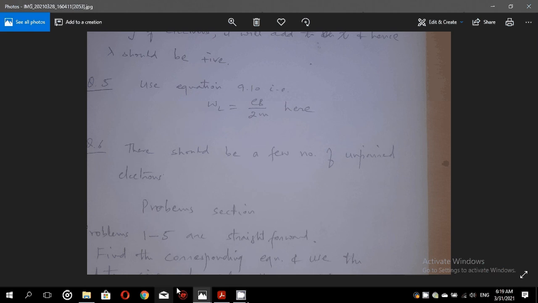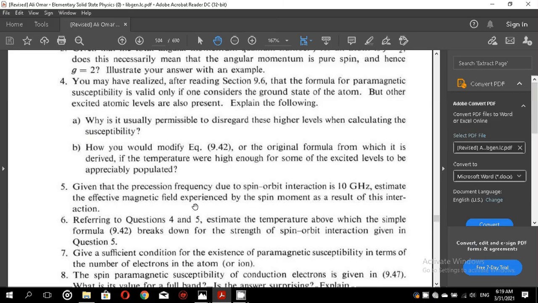Similarly, question number 6, referring to question 4 and 5, estimate the temperature above which the simple formula breaks down. No, I think the number I have mentioned is not 6, it should be 7. So this is question number 7.